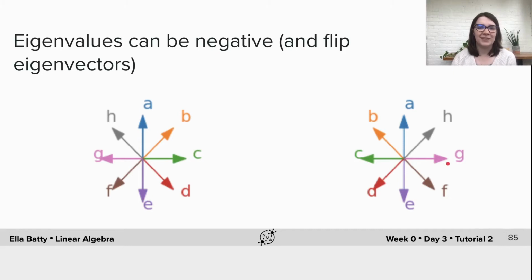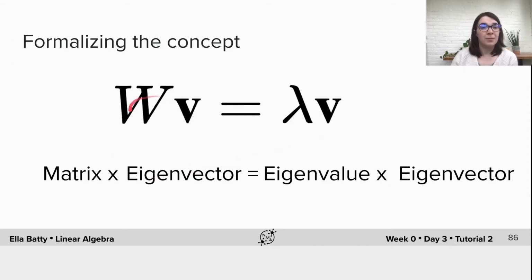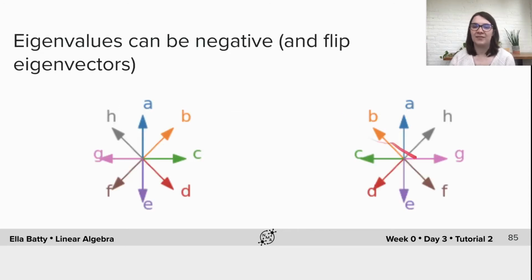And so eigenvectors are really vectors that, when multiplied by a matrix W, are equal to some scalar multiple, the eigenvalue, of themselves. So basically, eigenvectors are just changing along their span. So in this case, it would be along this one-dimensional line.